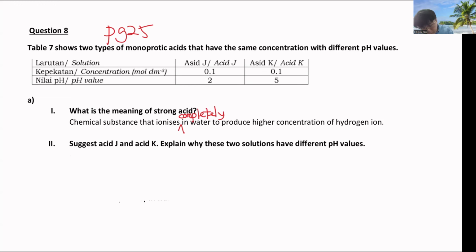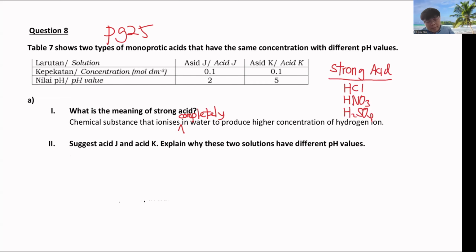You remember, in your exam, you need to memorize which is strong acid, which is weak acid. For the strong acids we have three: HCl, HNO3, and H2SO4.